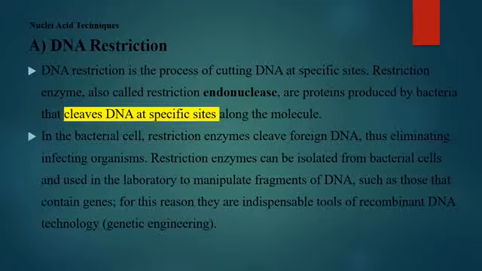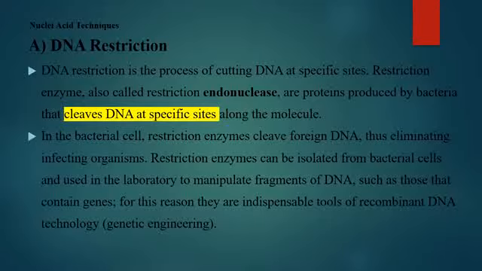Now, the next point talks about the source of these restriction endonucleases or DNA restriction enzymes. In bacteria, these restriction enzymes cut through foreign DNA. So if there's an invading foreign DNA, bacterial cells have restriction enzymes which cut through it.